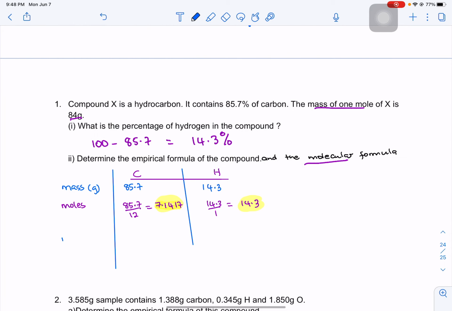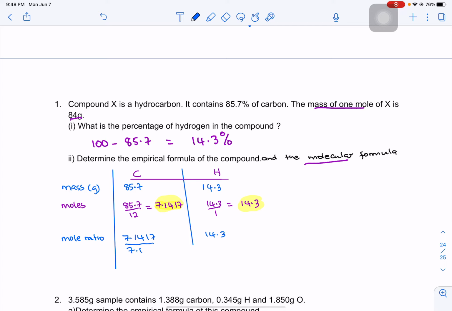Basically, the next step is to follow the mole ratio. How we do it is we write the numbers of moles and divide by the smallest number of the two. The smallest between 7.1417 and 14.3 is 7.14.